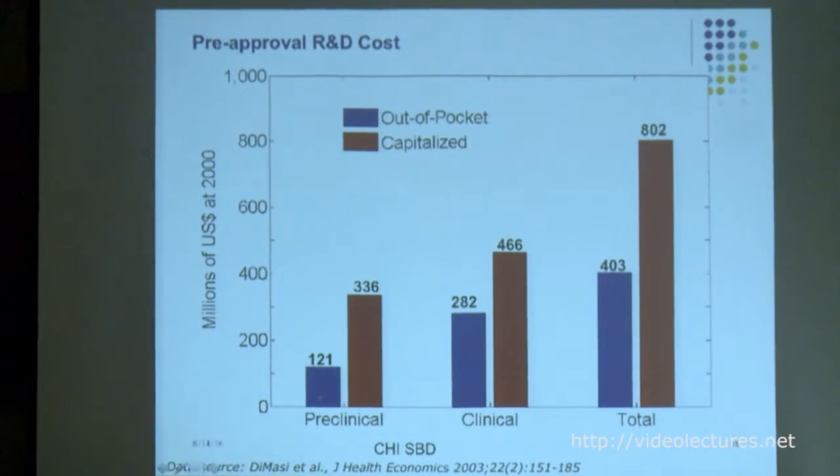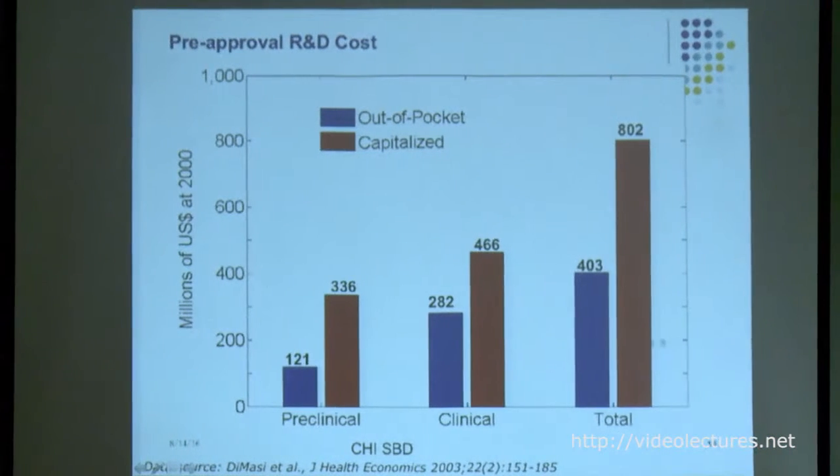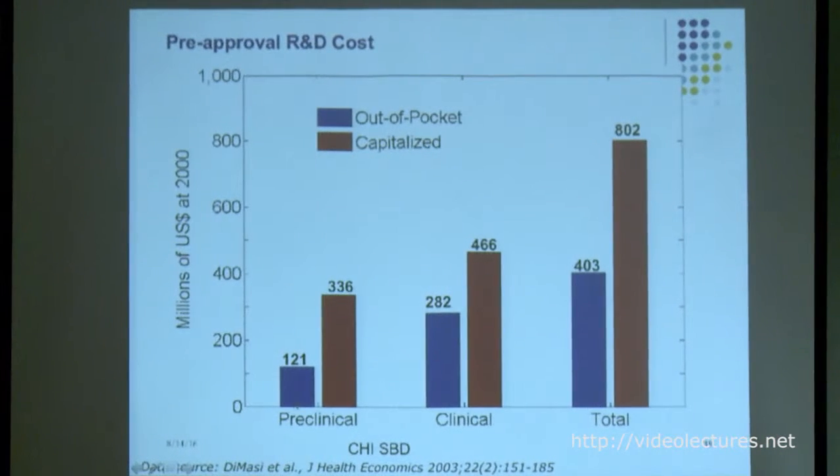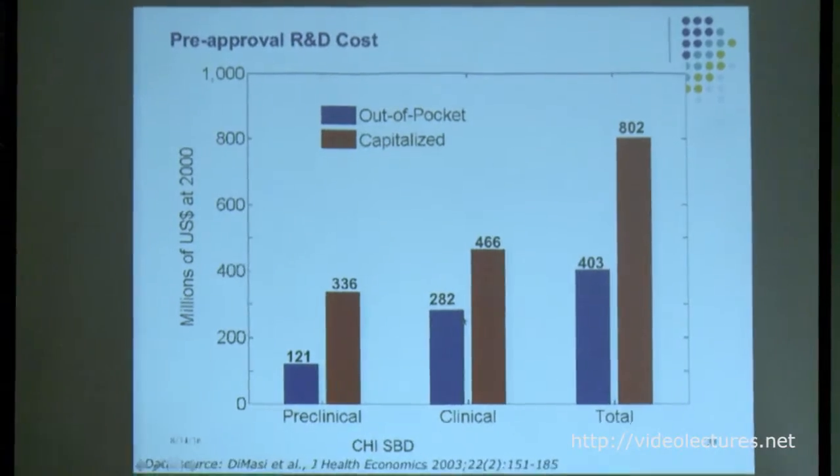So here is a breakdown of the cost. For preclinical, the cost is usually about $400 million, and the clinical trial may cost another $500 to $700 million, and the total cost for a drug is between $500 million to $1.5 billion. That's the R&D cost.